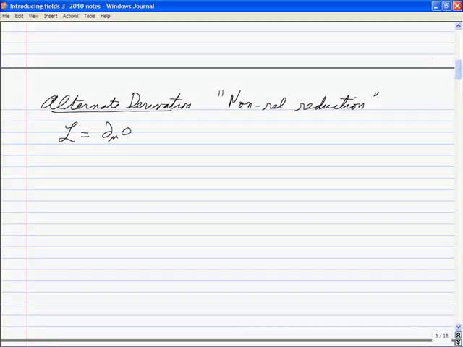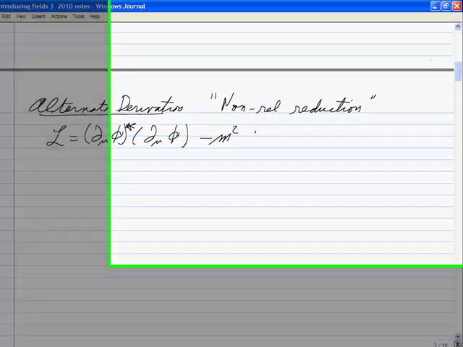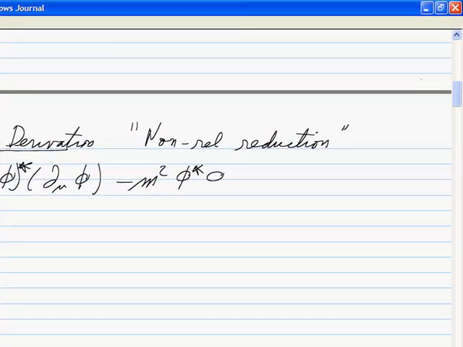So the case that I'd start with is this complex scalar field Lagrangian: d mu phi complex conjugated, d mu phi, minus m squared phi star phi. I'd want to use the complex scalar field because the psi is complex. Now, this is one here to answer the logic question.